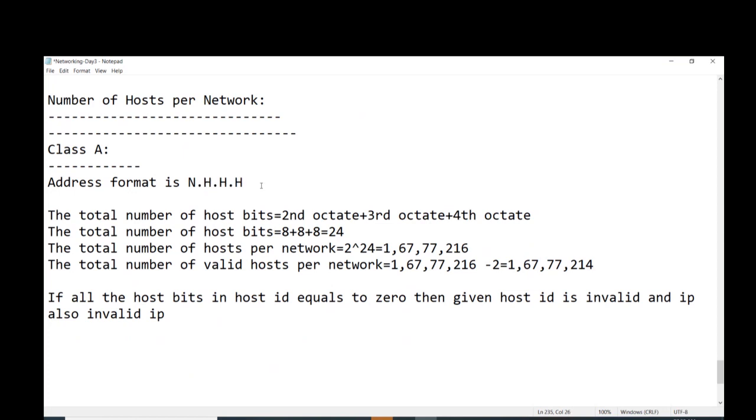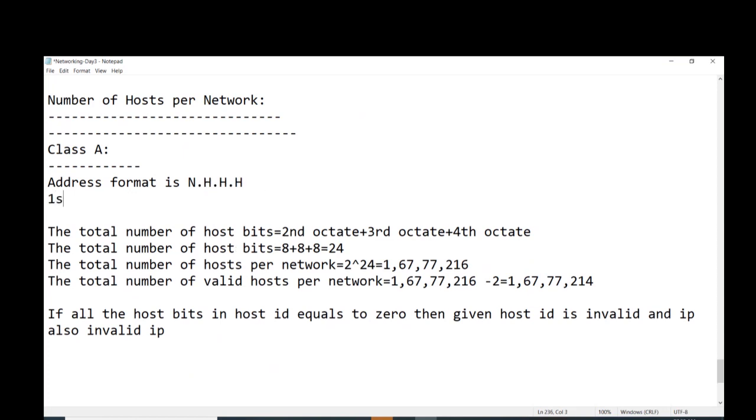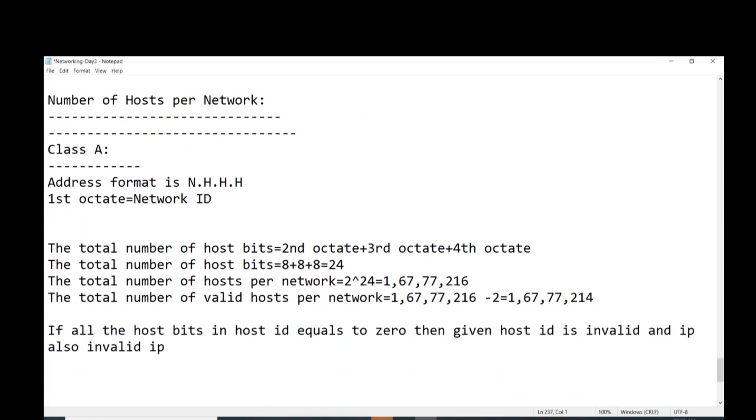The first octet is the network ID, and the second octet plus third octet plus fourth octet is our host ID.